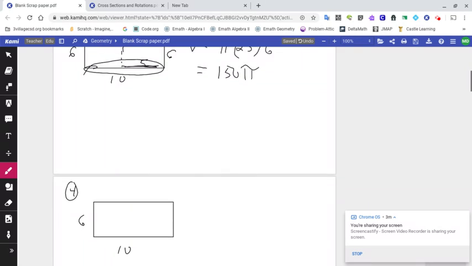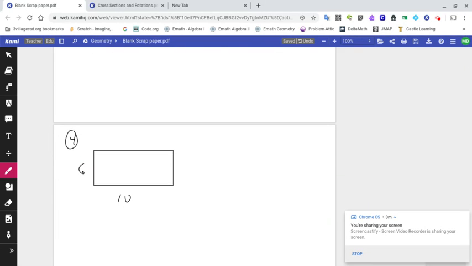If we go on to number 4, if I were to rotate this around a horizontal line of symmetry like that, I would get a cylinder that looks like this. Its radius would be 3 and its height would be 10. So volume equals pi r squared h.